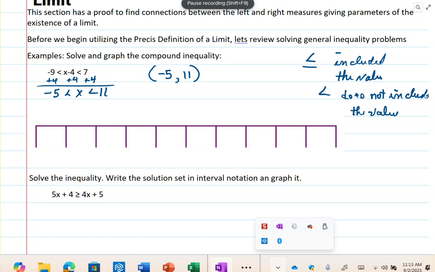Okay, if we were graphing it, I would say I'd have a -6, a -4, a -2, a 0, a 2, a 4, a 6, an 8, a 10, and a 12. All right. So I'm figuring out, because I know what I want to graph. Well, we want a -5, and we would want the +11.